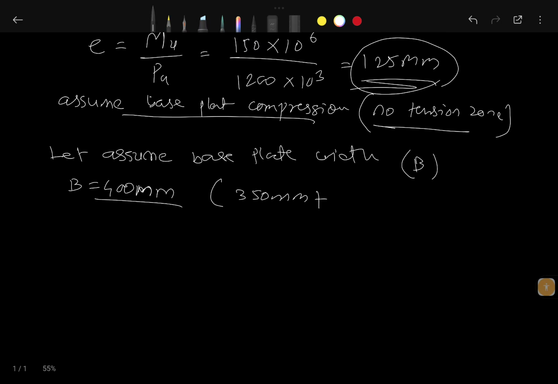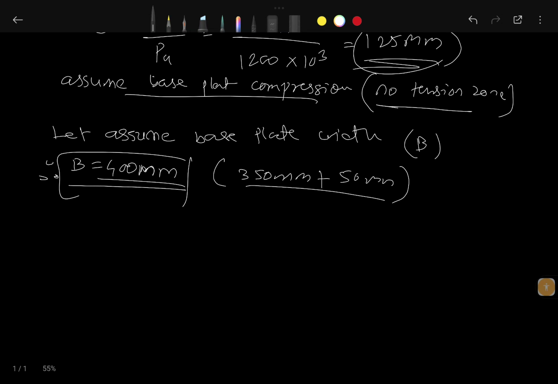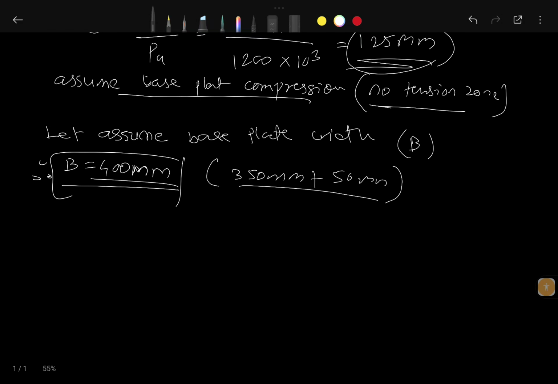So for space for welding or connection, we can assume 50 space. So we assume 400 for our column base plate size. One size we have given. Now the formula we have: Pu is equal to 1 by 2 P max B into A3.